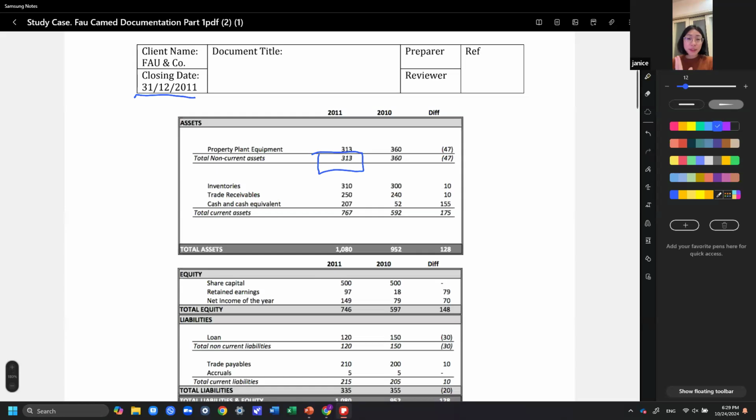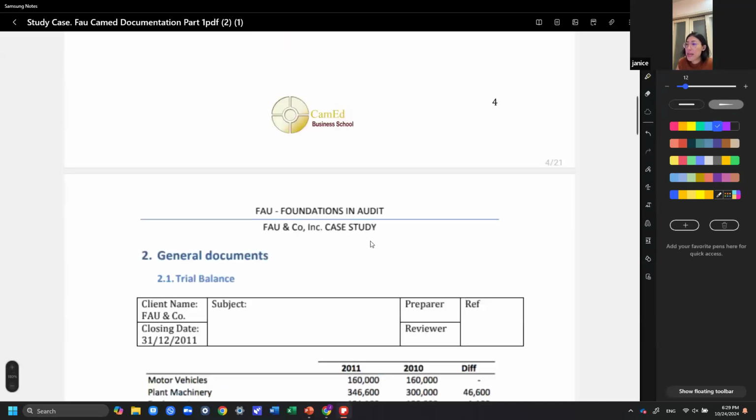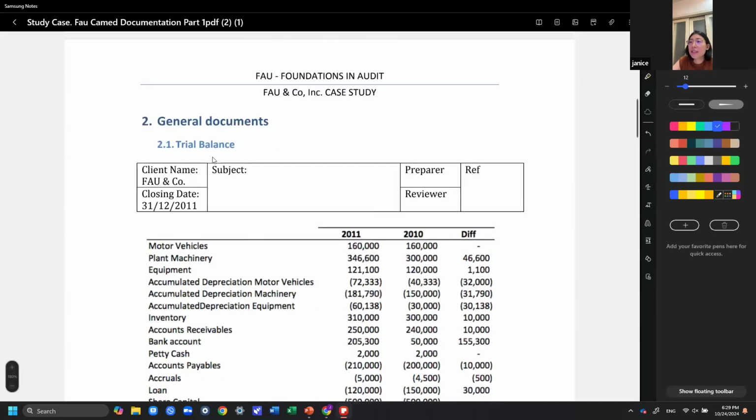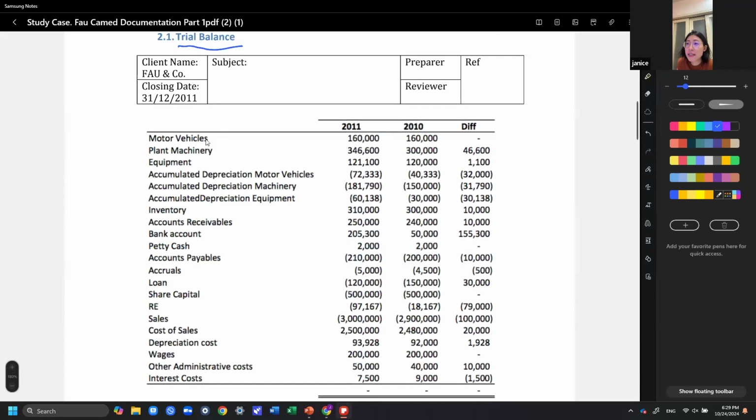We know that the amount from the financial statement comes from the trial balance. So let's see if it's the same amount from the trial balance. We're going to go to our page afterwards, and we have the trial balance here, right? Trial balance, as I mentioned, is the list of all the accounts you have and the year ending amount for the last 2 years.